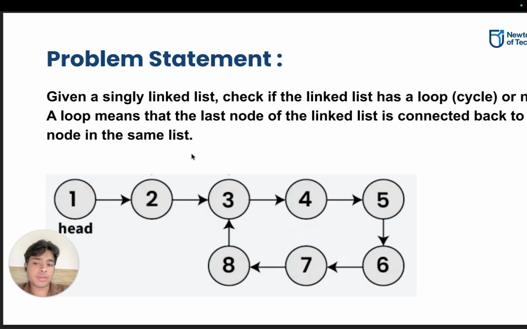I have previously explained what a circular linked list is. Circular linked list means if the last node is connected to any node of the linked list, then it is called a circular linked list. As you can see in the diagram itself, one is our head, 2, 3, 4, 5, 6, 7, then 8 is again connected with 3.